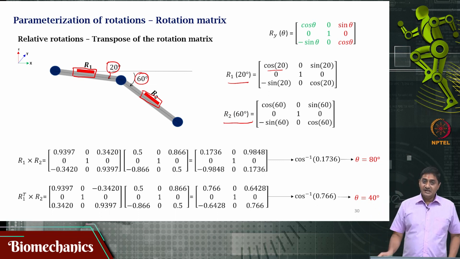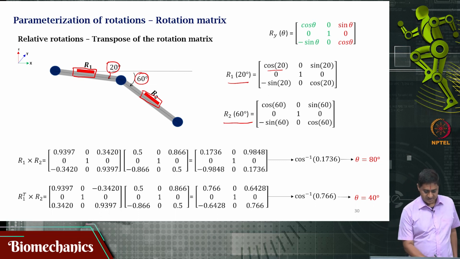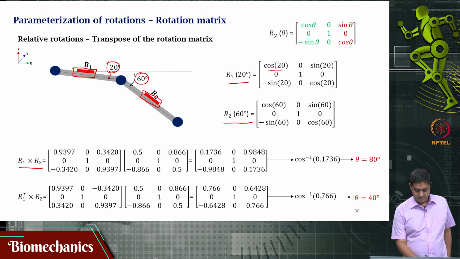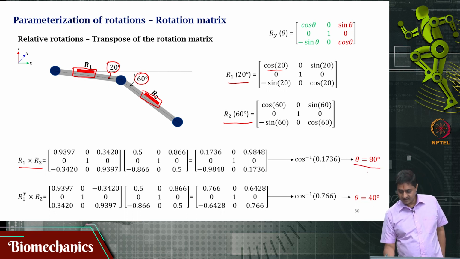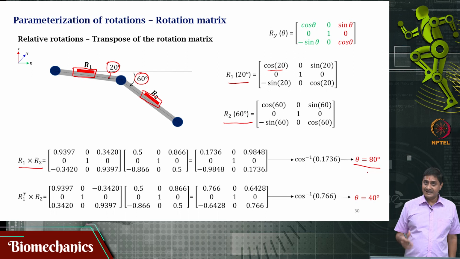Now, if I multiply the 2 rotation matrices R1 and R2, you will have to do the actual computations for 20 degrees and 60 degrees, input the actual cosines and sines and do the multiplication. You will get the value of theta, the net rotation, as 80 degrees.